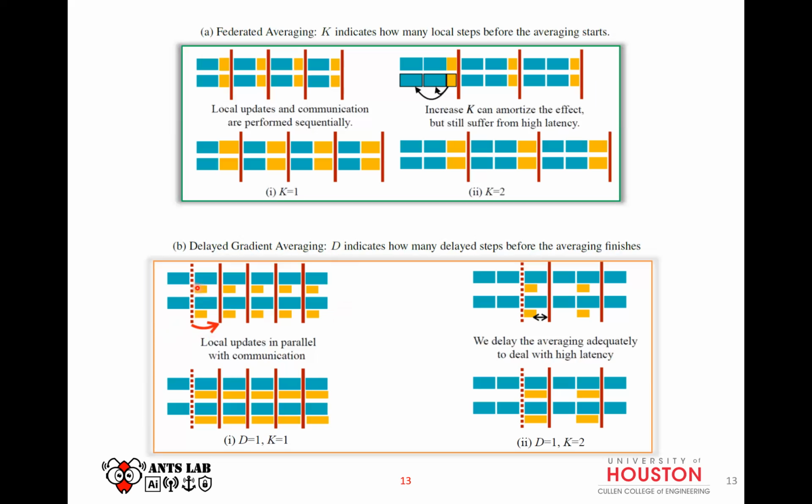While they're going by, each device continues to do the local computation on its own. Finally, when they receive the update from all the models, they do the averaging, and then send the updated gradient and again continue the local training. So we see that the computation and communication are happening in parallel. And in this scenario, even if the latency increases, and we have a bigger bar and the yellow is increasing, it's still okay because we have parallelized both the processes.